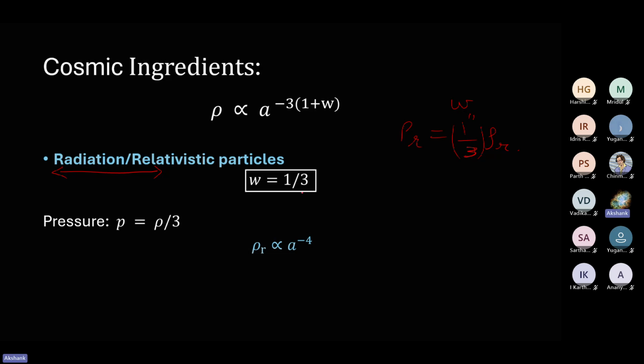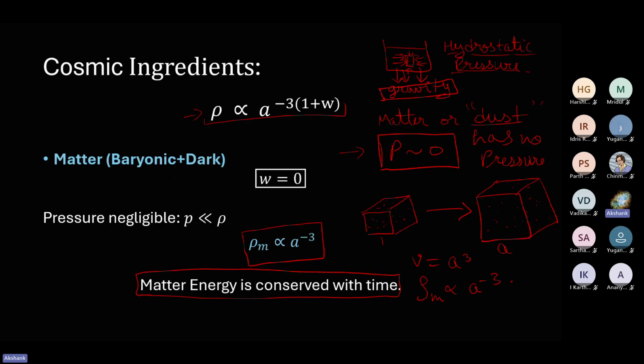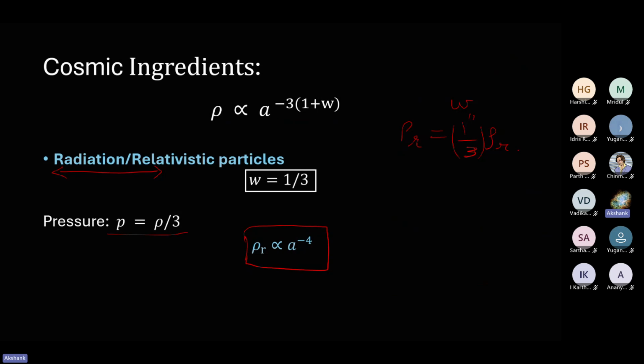If you use this W equals 1/3 here, that simplifies and you get pressure P = rho/3, and radiation energy density is decreasing as A raised to the power 4. Here we saw energy density of matter was decreasing as A cubed. For radiation it is decreasing as A raised to the power 4.